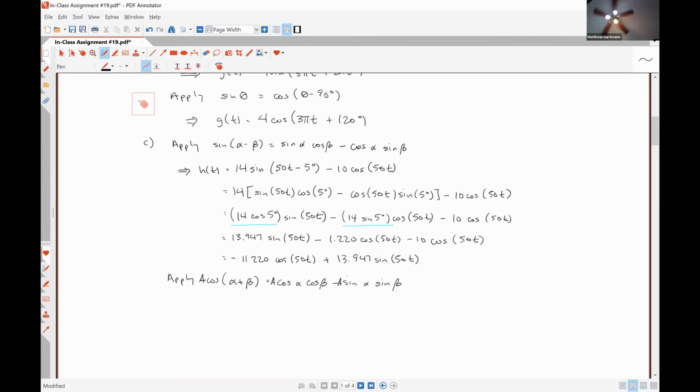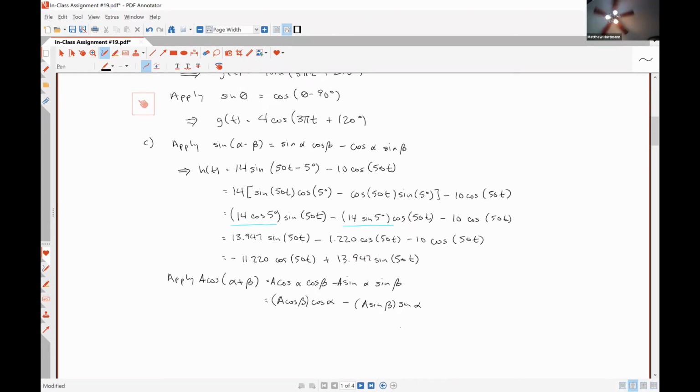And so we can actually see, if we equate these two, this is the form of our final answer that we're looking for. We want a magnitude cosine alpha, which in this case would be 50t, plus beta, which is just going to be some phase angle. And right now, we have it in the form where we have some number, minus sine alpha, right?